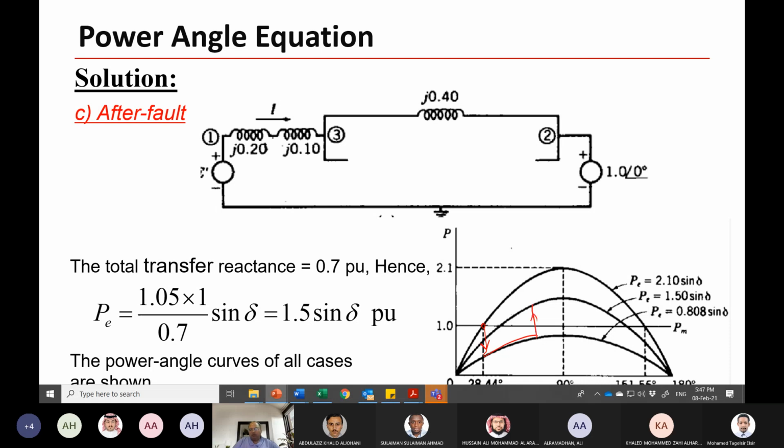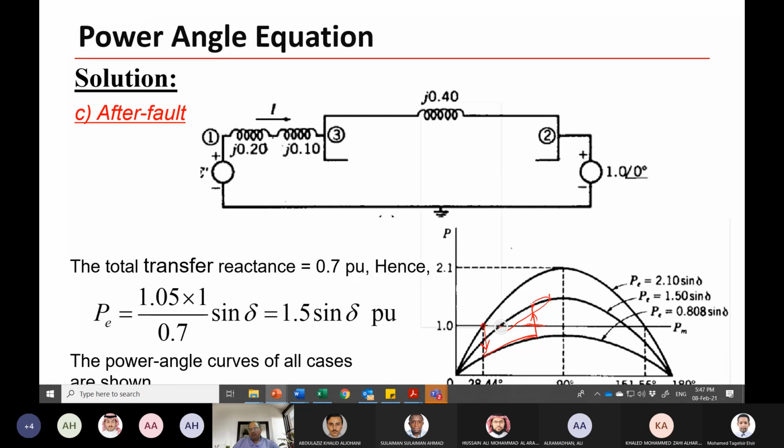When we clear the fault, then P electrical is greater than P mechanical, so the machine will start to decelerate, but the angle still increases due to the inertia. The angle will go for some time here, increasing. Then, since we have a deceleration, the angle starts to decrease again.